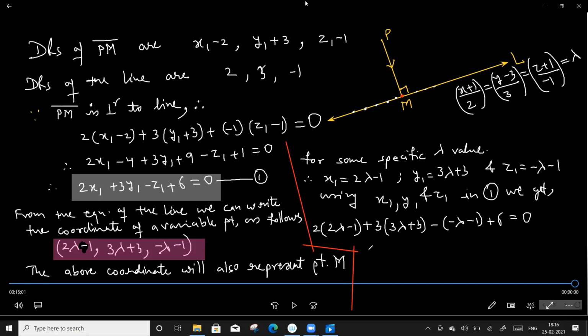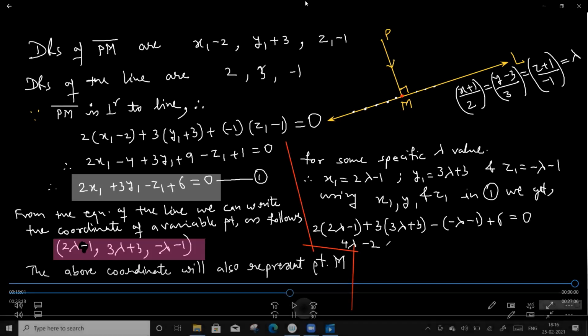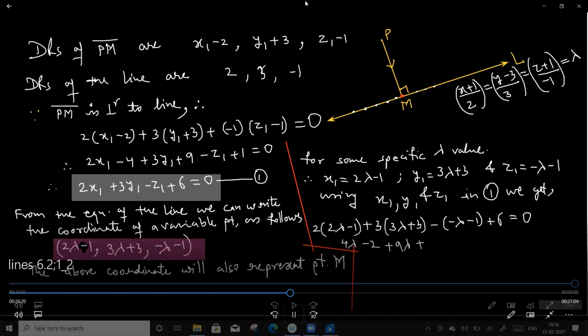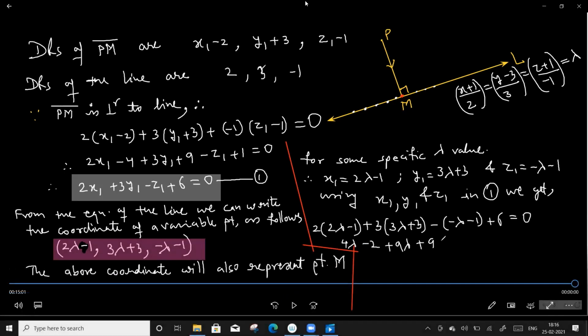Then this becomes 4 lambda minus 2 plus 9 lambda plus 9 plus lambda plus 1 plus 6 equals 0. So 4 plus 9 plus 1 is 14 lambda, and here I get 9 minus 2 is 7, 7 plus 7 is plus 14 equals 0.